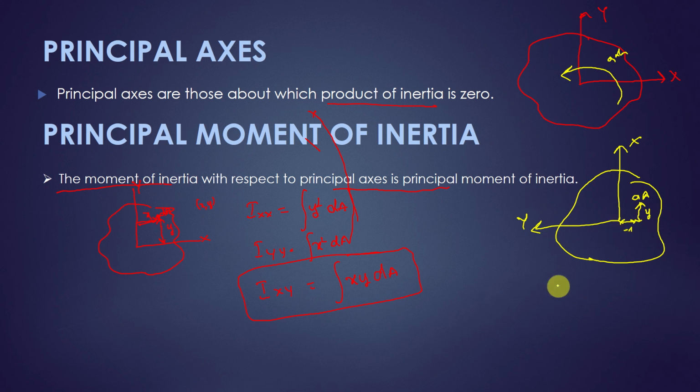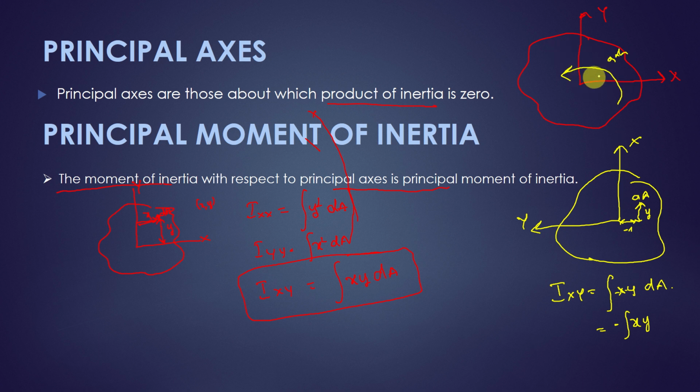That means what happens to the new Ixy now? That is integral of minus x into y, that is minus integral xy dA. So if you see, when you twist this by 90 degrees, the product of inertia is changing from positive to negative. So in such cases, when it changes by 90 degrees, it is changing its sign.